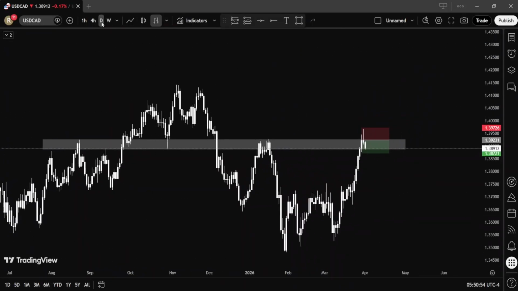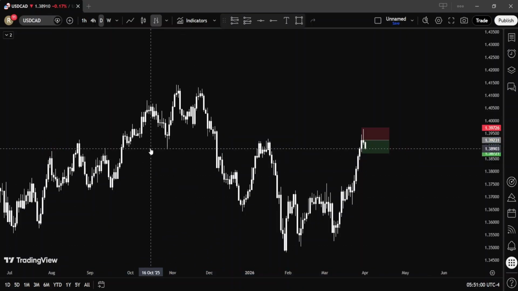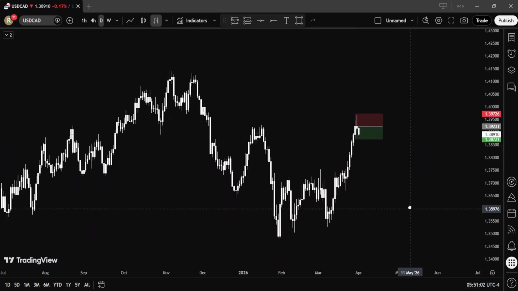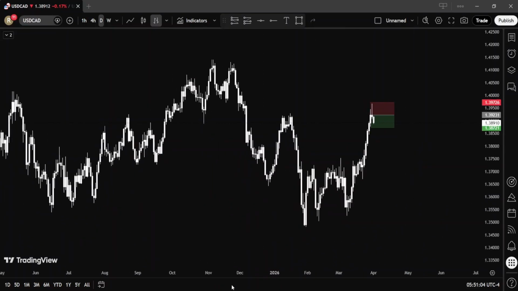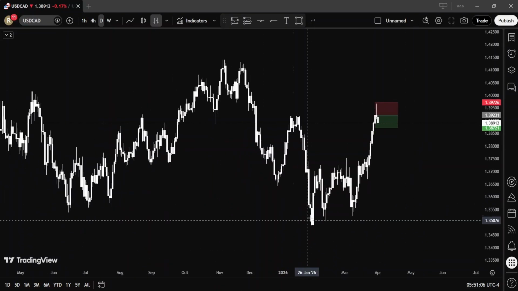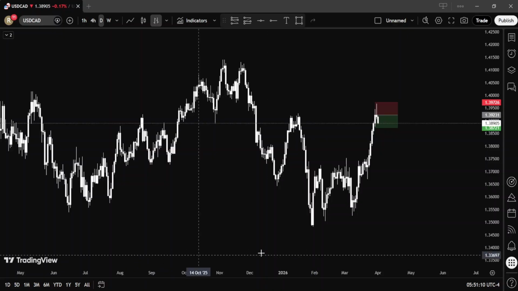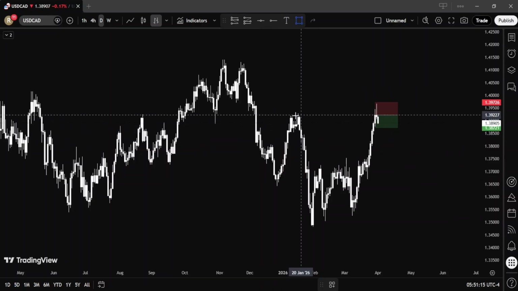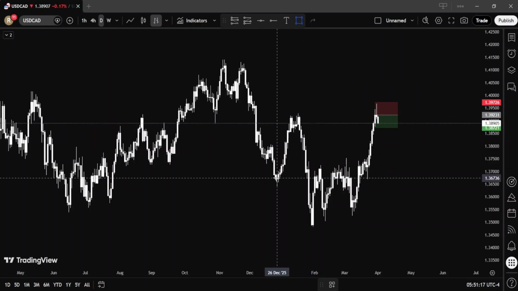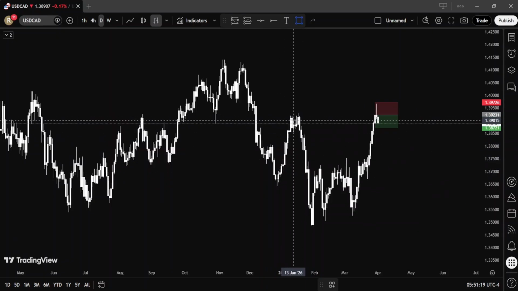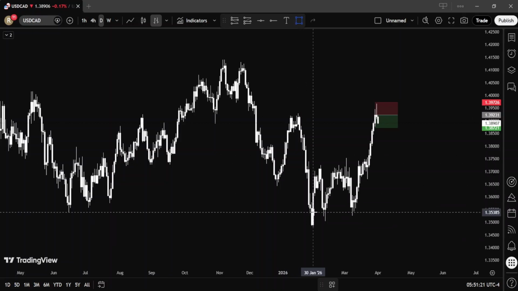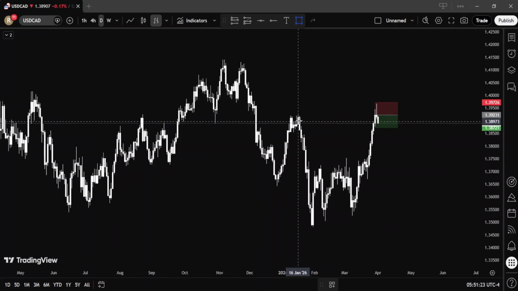Like you can see, I'm on the daily chart. Let's assume this zone isn't here. Okay, so this is a big point where when price comes up here, it reacts strongly from this point.